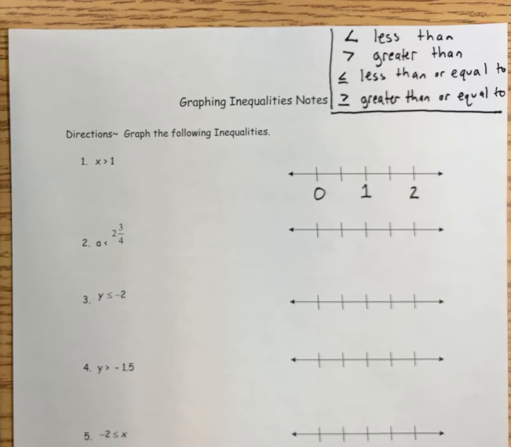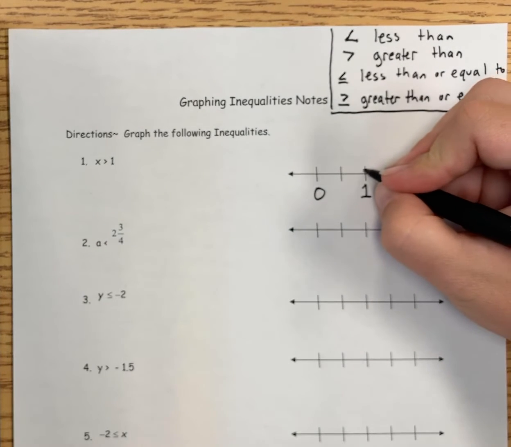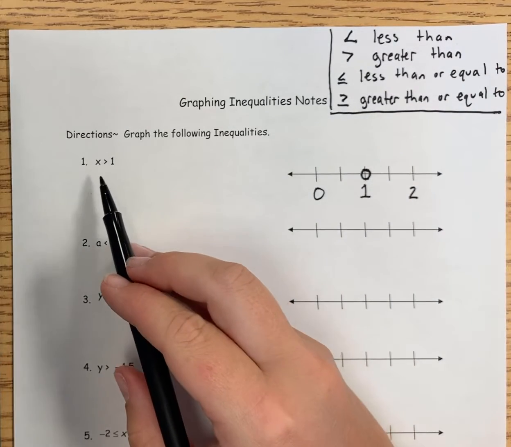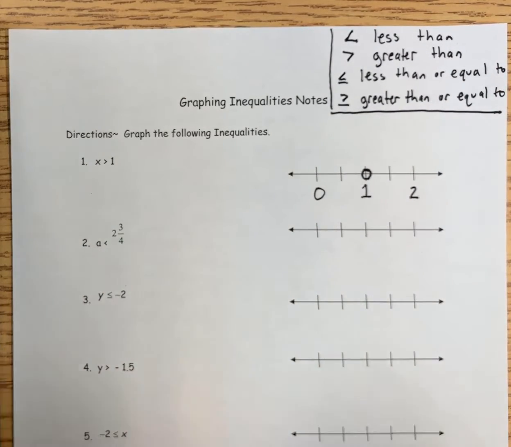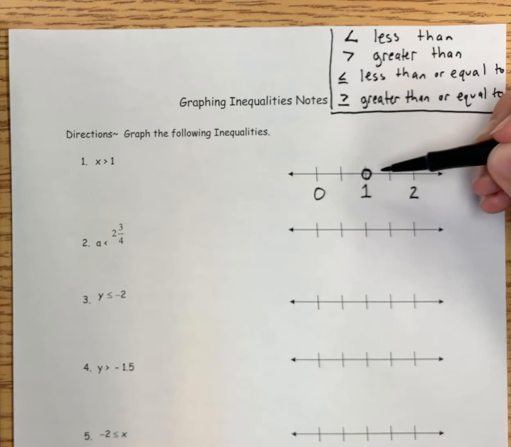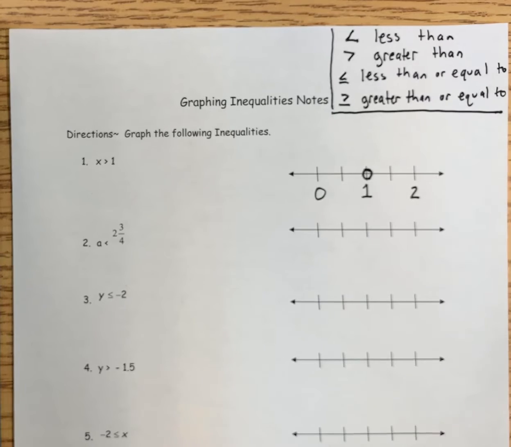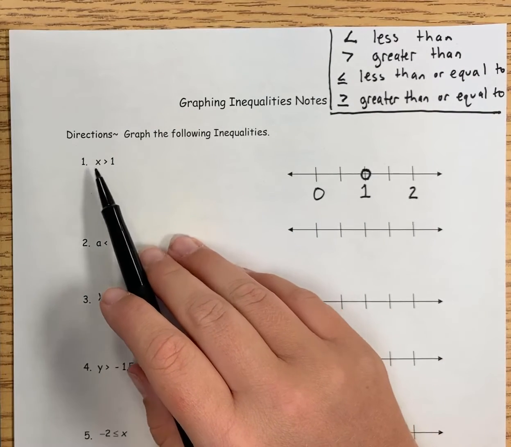All right, then you want to draw a circle on your number. In this situation, since it's just greater than, that means x cannot be 1. So you want to leave it as an open circle. Okay? Then we need to figure out which way we're going to shade. We'll see how x is greater than.